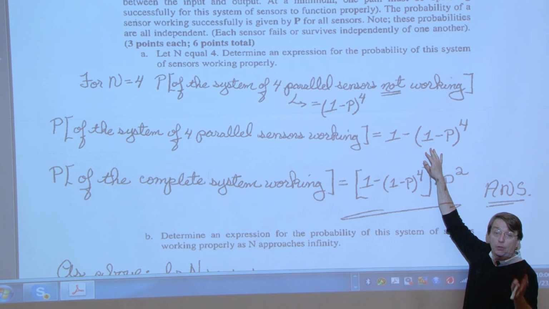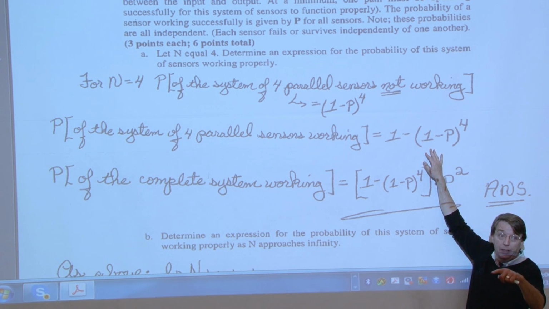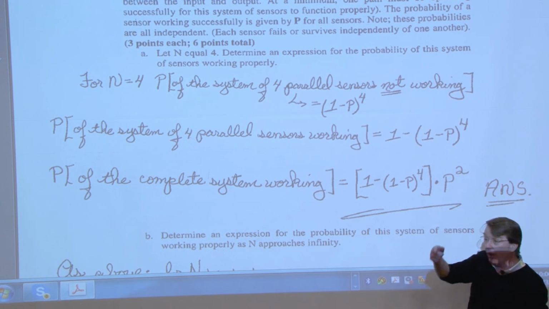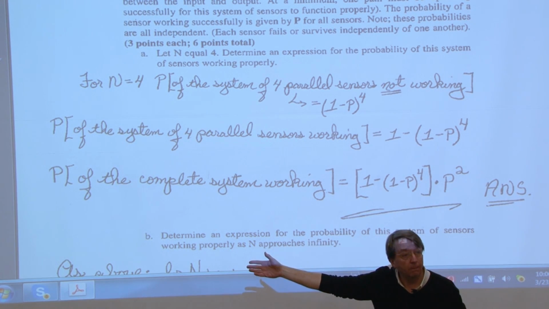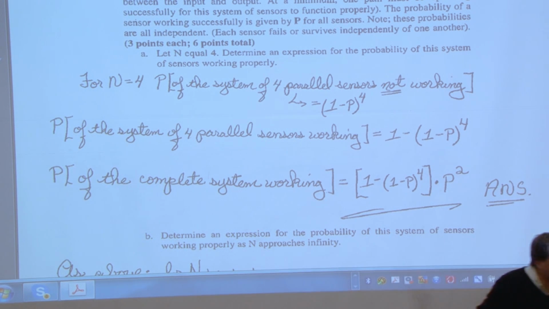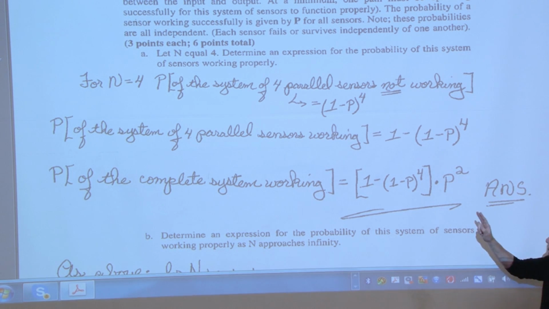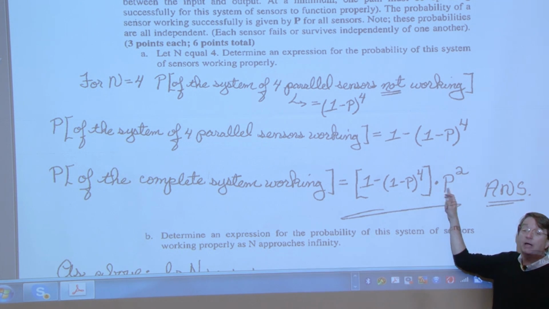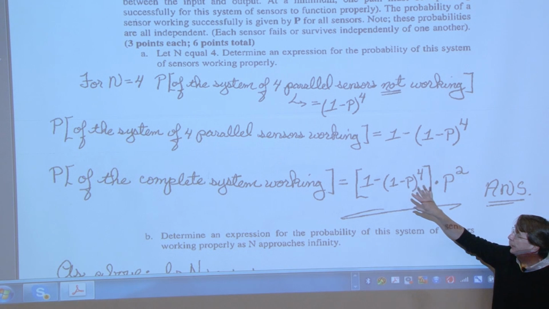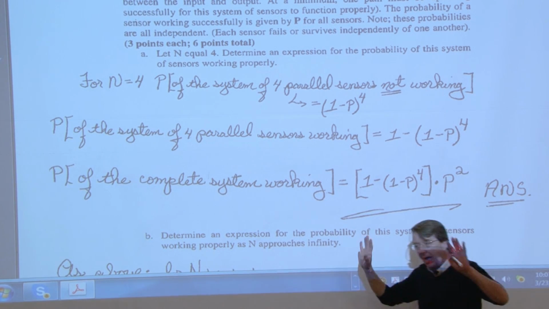So the probability of those 4 sensors not working is 1 minus the quantity 1 minus P raised to the 4th. And if I remember correctly, we had 2 sensors after that, right? So those other 2 sensors now have to work. So the probability of 2 sensors working is P times P. So the whole thing working is this times this. Let me stop. How did we do?